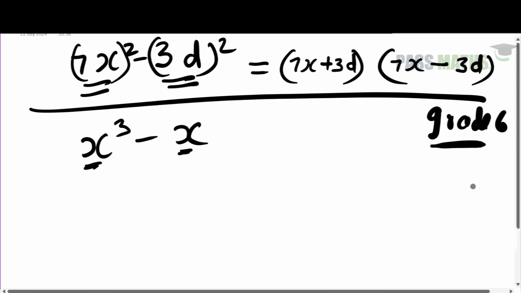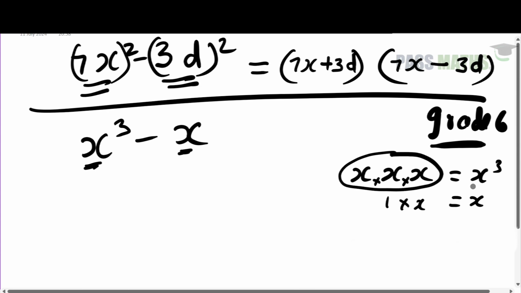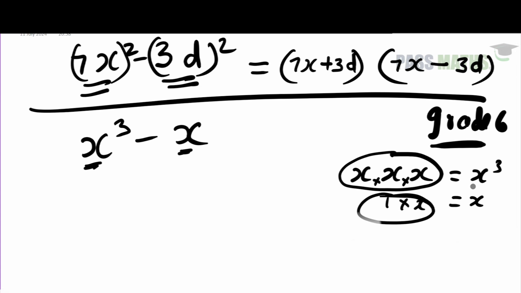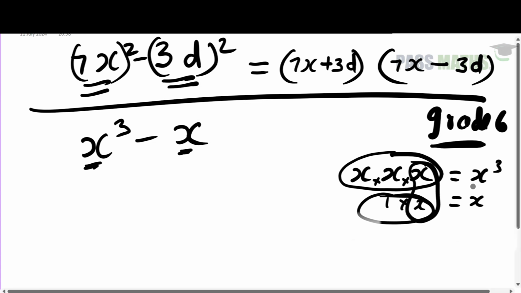What is common in both? x cubed is x, x, x. That's x cubed, because x times x times x is x cubed. x is 1 times x. These are the factors of x cubed, and these are the factors of x. So what is common? x is common.